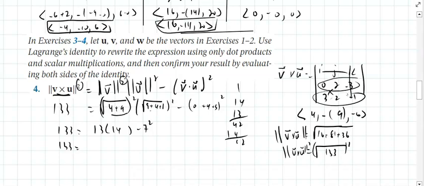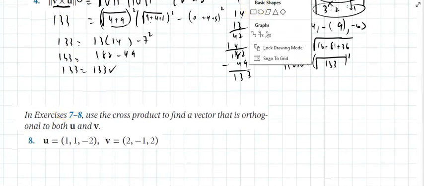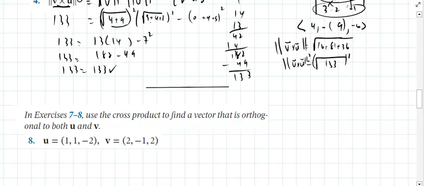So that is what? 182 minus 49. If you take 49 away, 9 out of 12 is a 3. That becomes a 7. 4 out of 7 is a 3 and a 1. So 133 equals 133. This is just nothing more than practice of verifying certain identities.